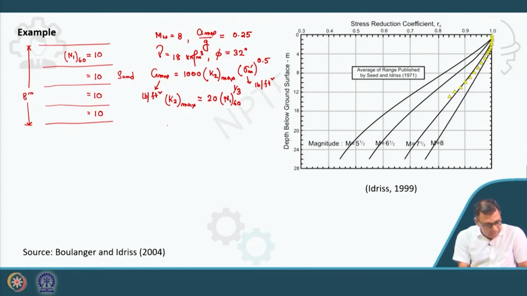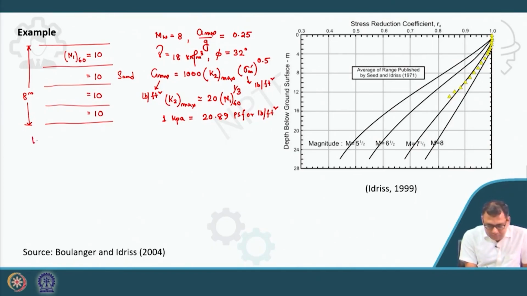So here the unit I am giving is that 1 kPa is equal to 20.89 PSF, or pound per square feet. Okay. So I will show you the calculation for one layer, and the rest of the layers or sub layers will be done in the same way.